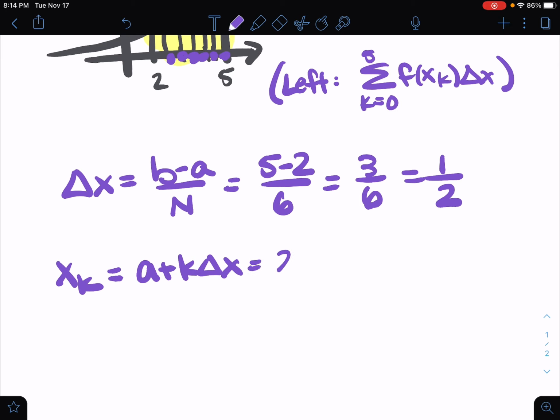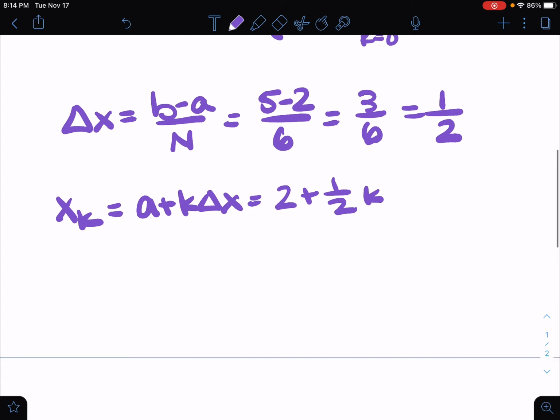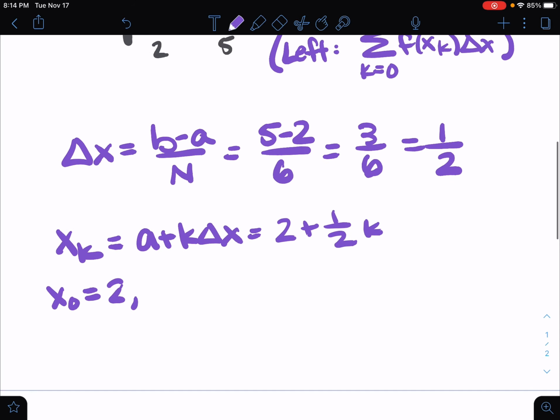So for us, that's 2 plus 1/2 k, and we just list them out. X sub 0, if we put in k equals 0 right here, we just get 2. So x sub 0 is our starting point, 2, which makes sense. Our interval starts at 2. X sub 1 is 2 plus 1/2, so 5/2.